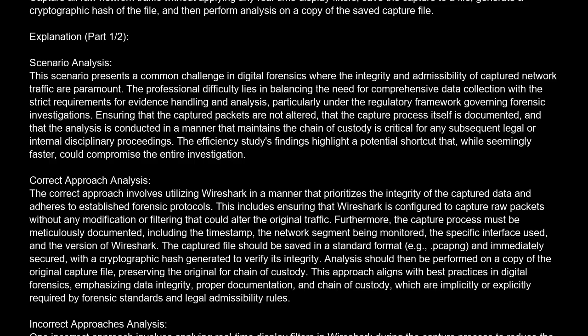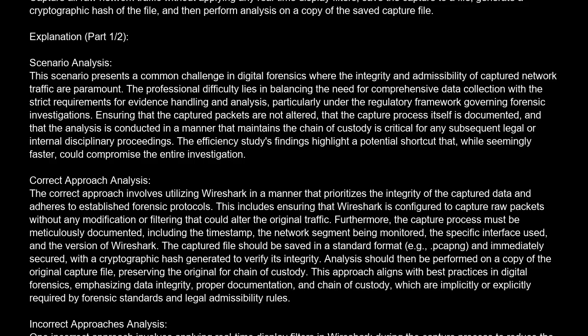Analysis should then be performed on a copy of the original capture file, preserving the original for chain of custody. This approach aligns with best practices in digital forensics, emphasizing data integrity, proper documentation, and chain of custody, which are implicitly or explicitly required by forensic standards and legal admissibility rules.